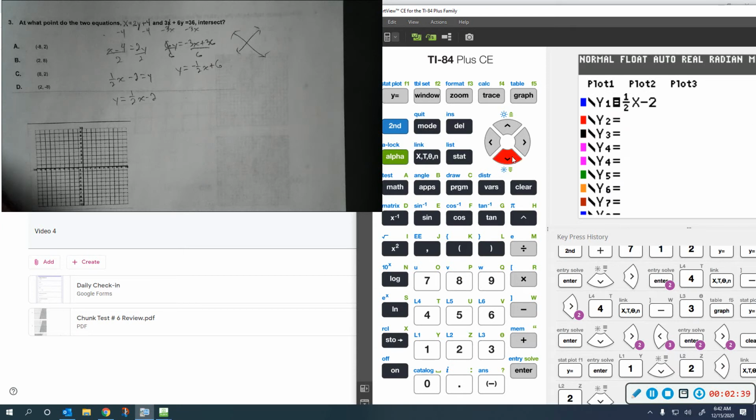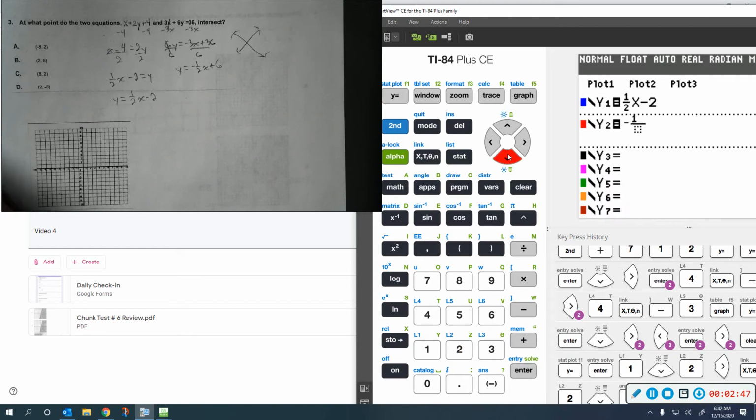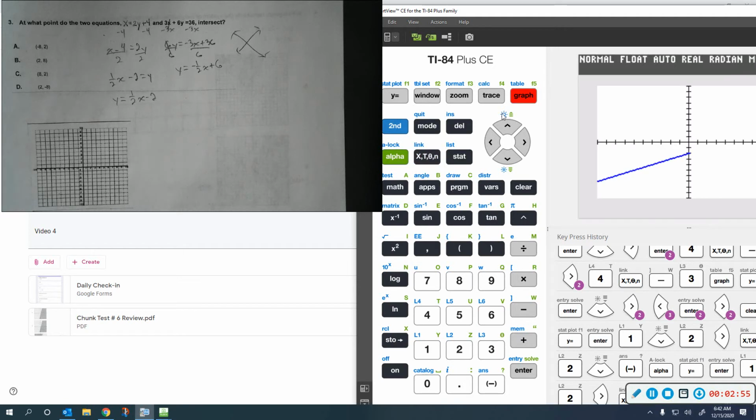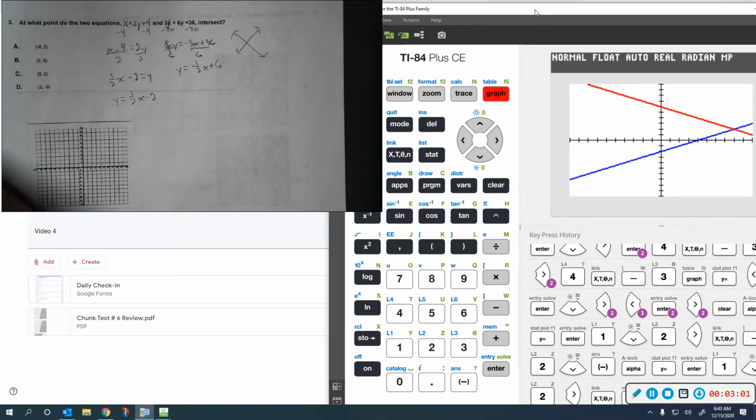My second equation is negative 1/2 x plus 6. Now I can hit graph. Looking at the graph, they do intersect right there.